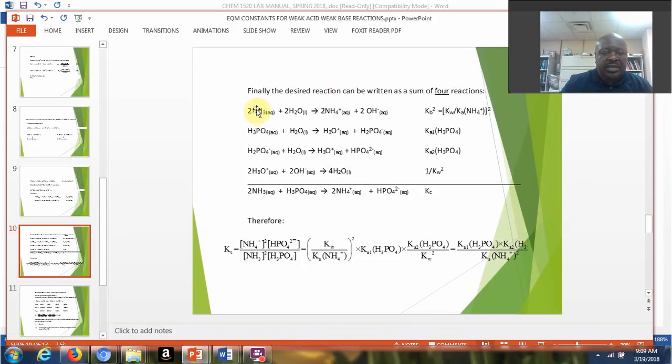So H3 to H1 in the mother equation, so there it is. We call that Kb2. Here's Ka1 and here's Ka2. Well, if I just do that, I end up with things not canceling out. I end up with 2 OHs on the other side and 2 of these hydroniums on. There's one here, there's one there.